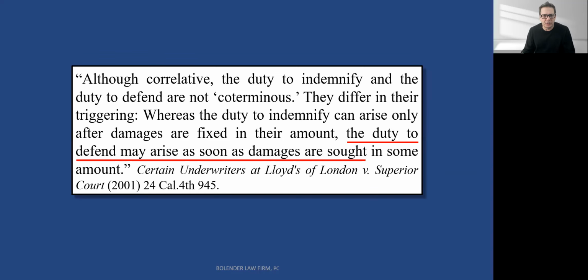The court seemed to go out of its way to draw a very sharp distinction between the very narrow duty to indemnify and the far, far broader duty to defend.